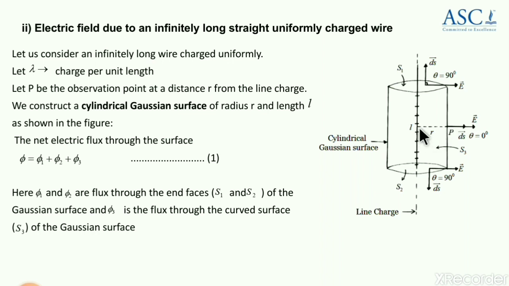Because if you increase the dimension of this wire, it will give you a cylinder, or else if you decrease the dimension of the Gaussian surface we have chosen, it will give you back this thin wire shape.